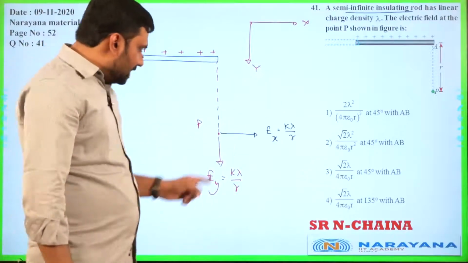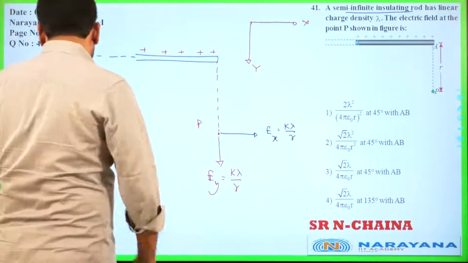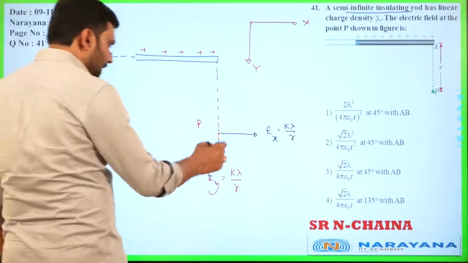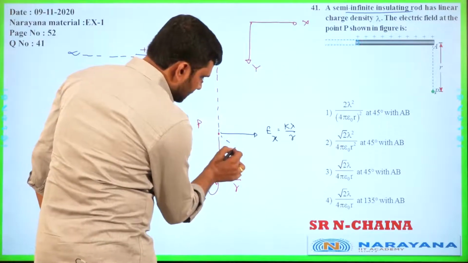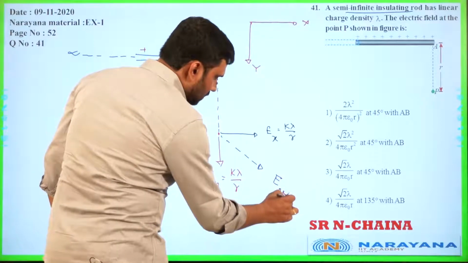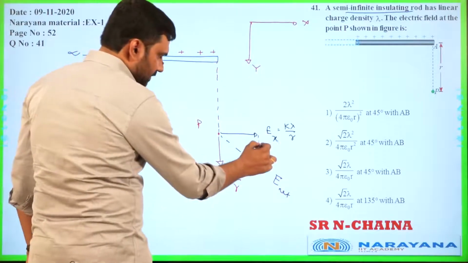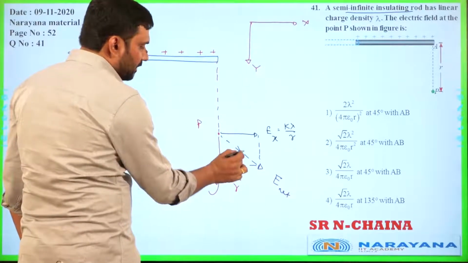So these two fields are equal in magnitude and perpendicular, the angle between the two fields is 90 degrees here. Because of this, this will be the net electric field. If we do the vector sum, from parallelogram law you can find out the resultant.